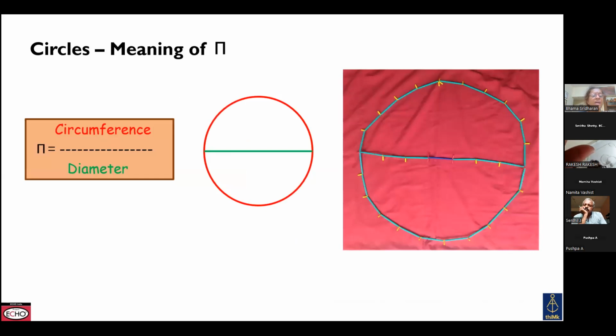And then you have the circle, and this is a common activity which we all should do when we are introducing a circle. That is, take a piece of string and go around any circular object with the string, measure the length of the circumference using the string, and then again the diameter, and this ratio is always pi. And that's an amazing activity for all children for any kind of circle, and sort of defines a circle.